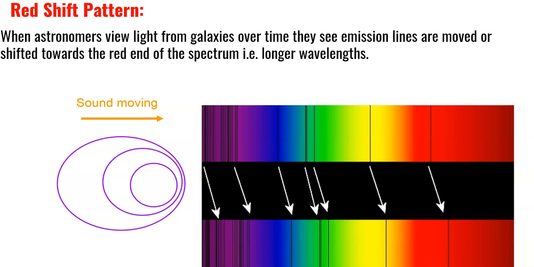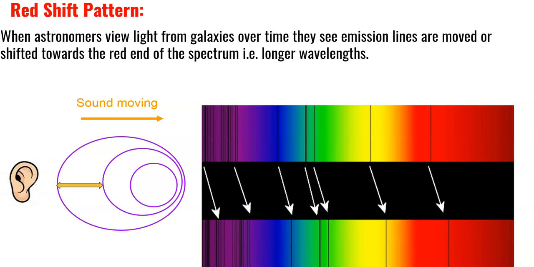So if the sound is moving to the right and we are positioned on the left, we would notice that as longer wavelengths or lower frequency. And that would match up with that redshift pattern. So everything is moving towards a longer wavelength, lower frequency. In other words, the equivalent of the red side of the visible spectrum.